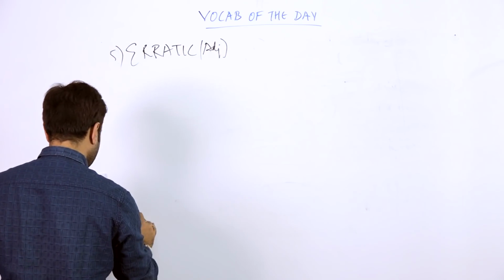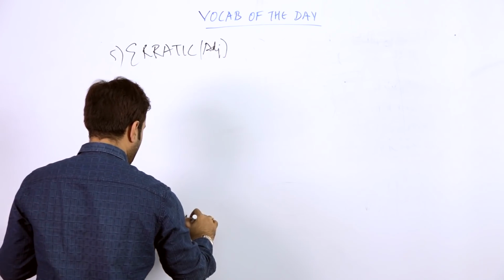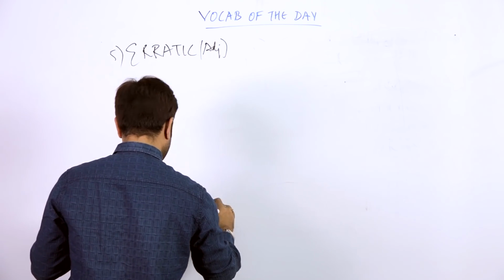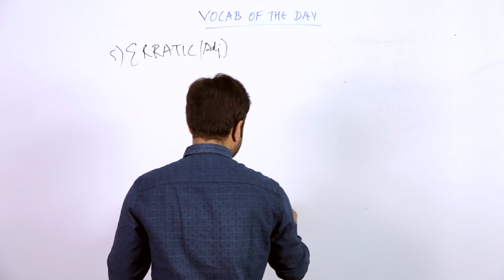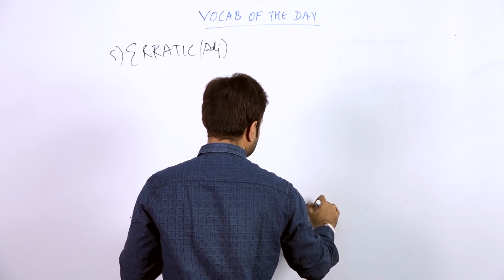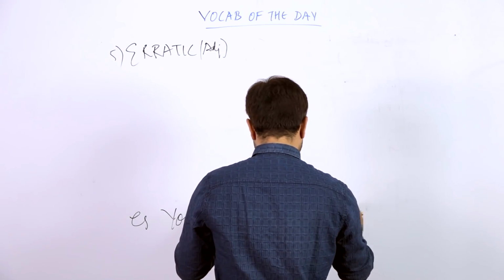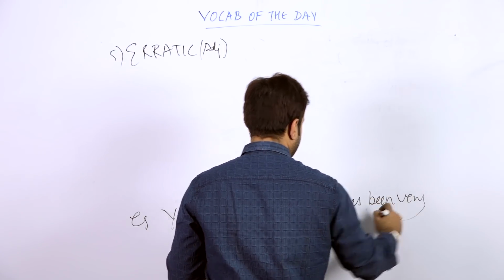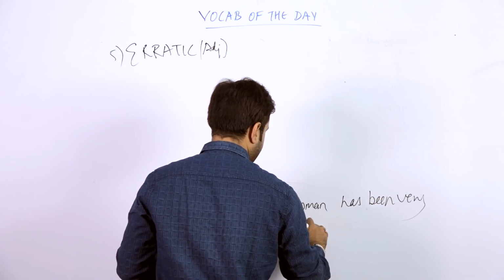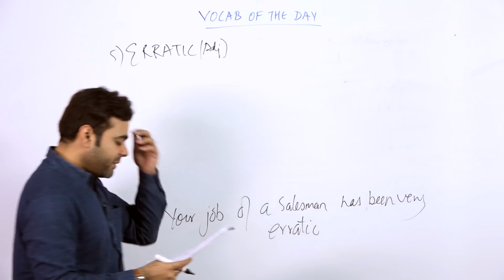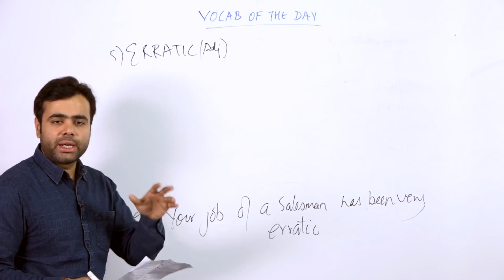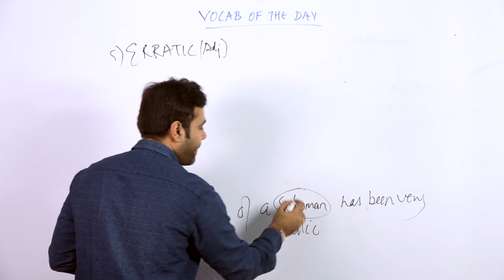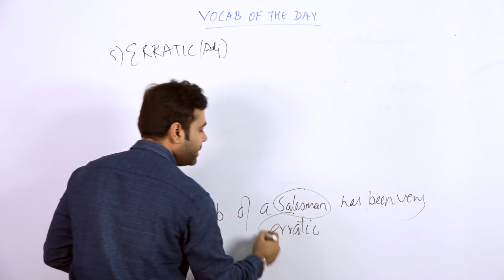The sentence says, your job of a salesman has been very erratic. Students, if I say someone is doing a job related to a salesman, what kind of job do you think it would be?